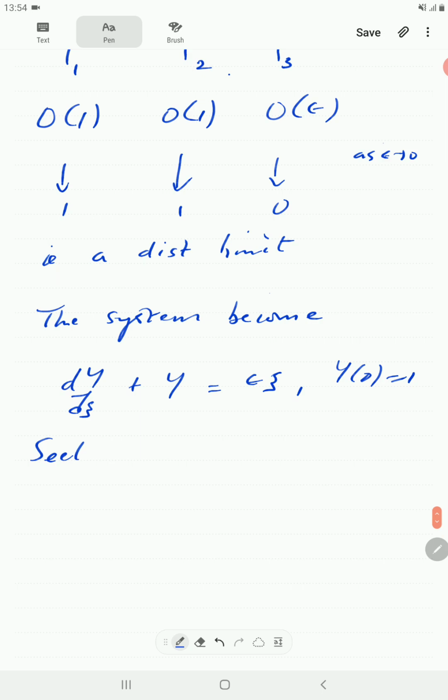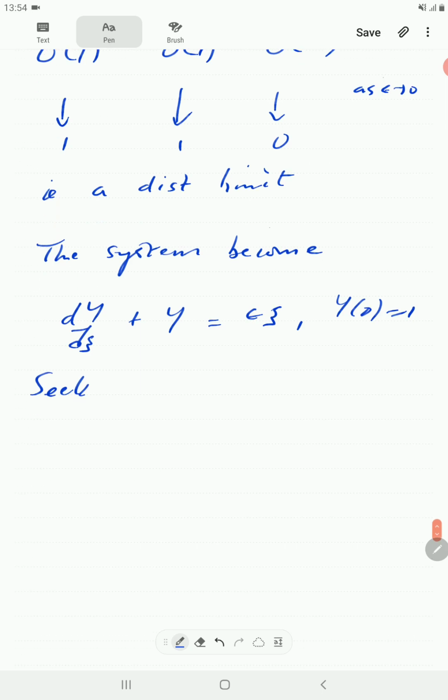Now that we've done the rescaling, we can in the rescaled system look for a regular perturbation solution. So we look for y equal to y0 plus epsilon y1 plus epsilon squared y2, etc., and substitute.